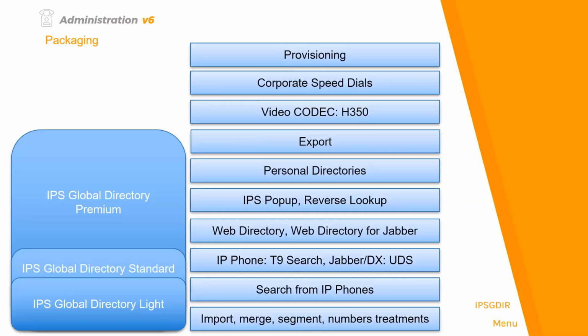We have IPS Global Directory Lite, which offers the two options at the bottom: the typical search from IP phones, and the import merger of the different directories. IPS Global Directory Standard includes those two options that the Lite has, and also has the IP phone T9 search availability and the Jabber/DX UDS server offerings.